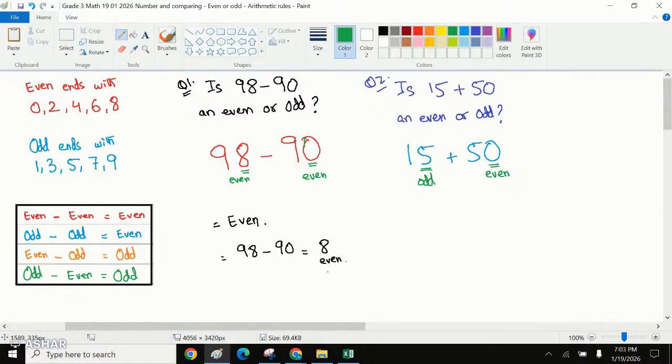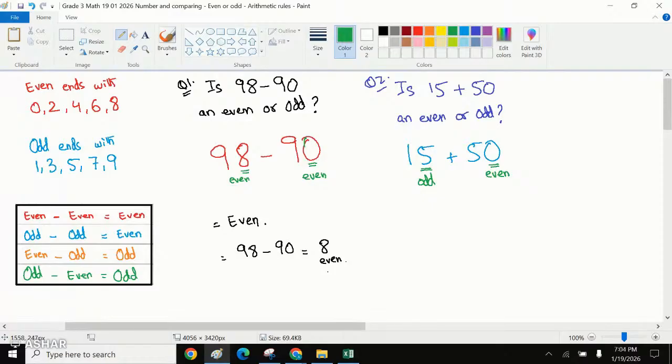And we know that whenever both the numbers are the same type, if they're both odd, then the result is even. Both the numbers are even, the result is even, right?